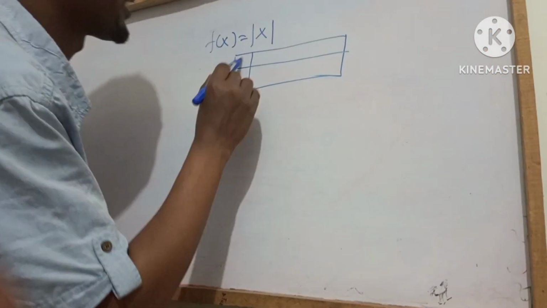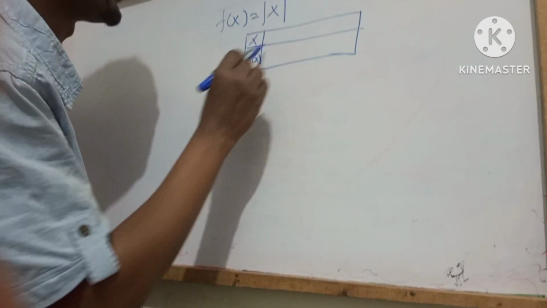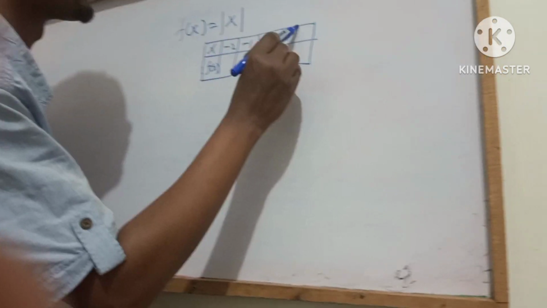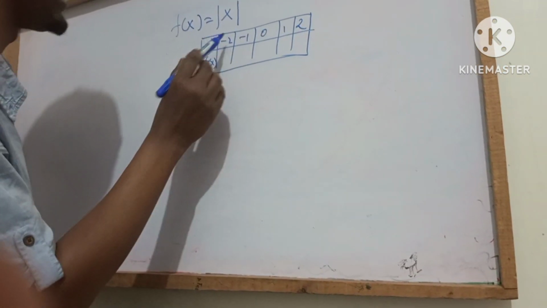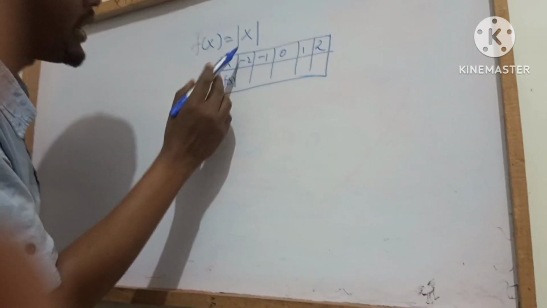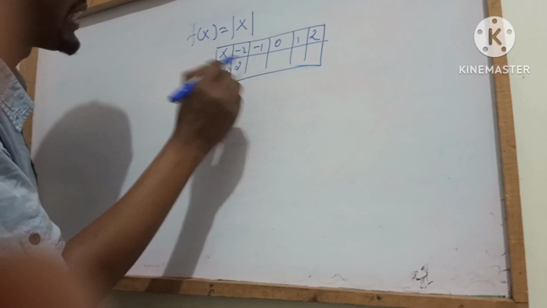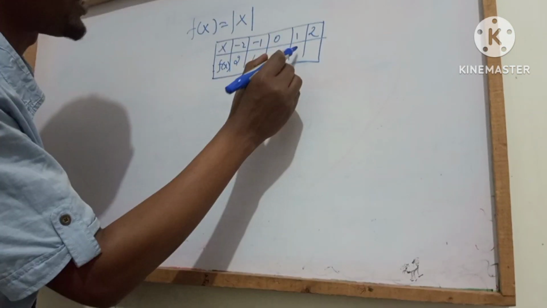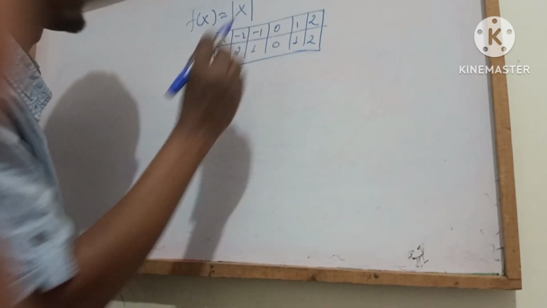If this is x and this is f of x, let's take negative 2, negative 1, 0, 1, and 2. Now if we insert x equals negative 2, the absolute value of negative 2 is 2, the absolute value of negative 1 is 1, the absolute value of 0 is 0, the absolute value of 1 is 1, the absolute value of 2 is 2.